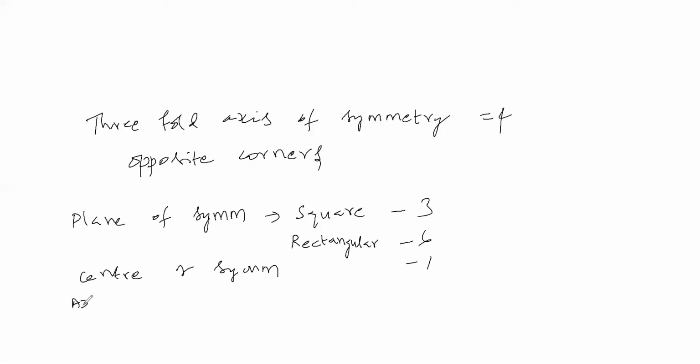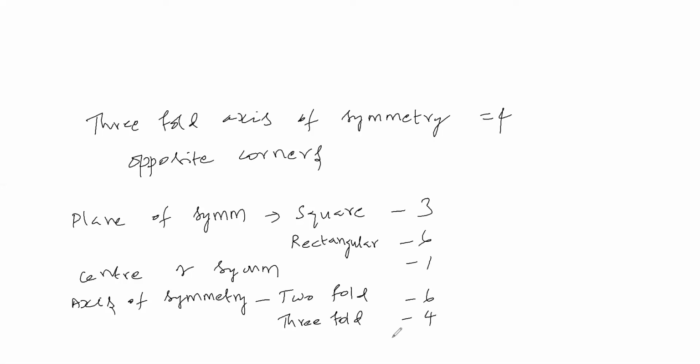Next, axis of symmetry. In the axis of symmetry, what are the things we discussed? One is called a two-fold axis of symmetry, which is passing through opposite edge centers. That is 6. Next, we discussed a threefold axis of symmetry, which is passing through opposite corners.